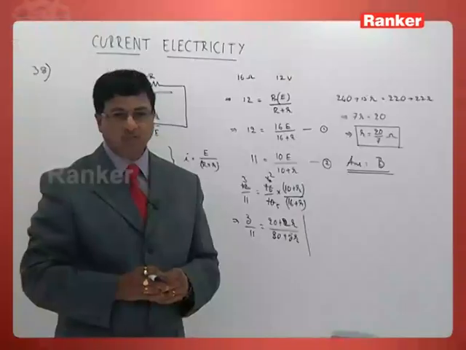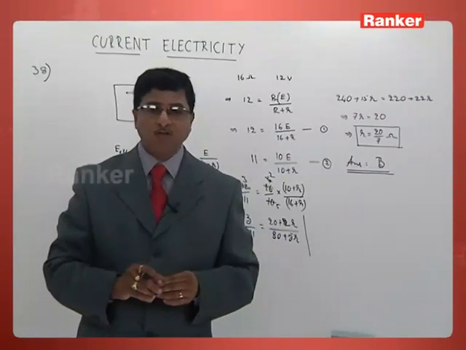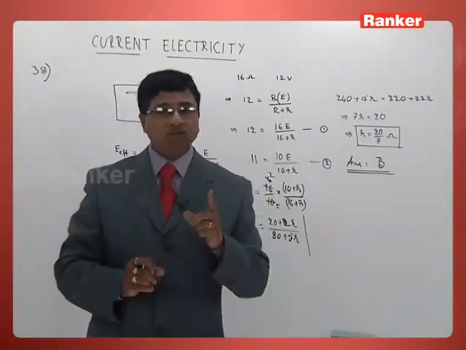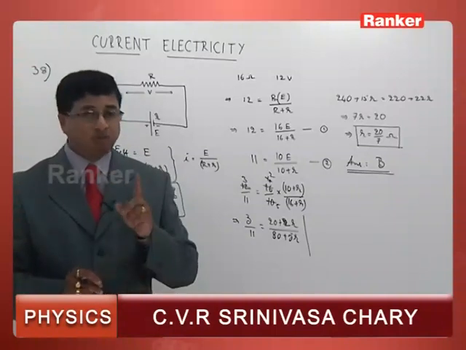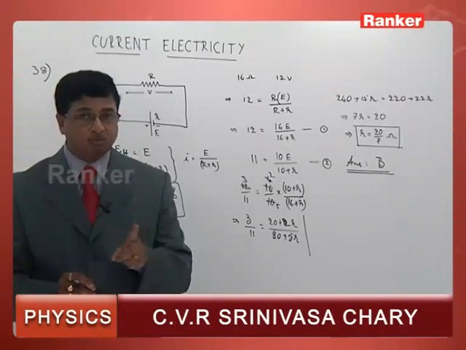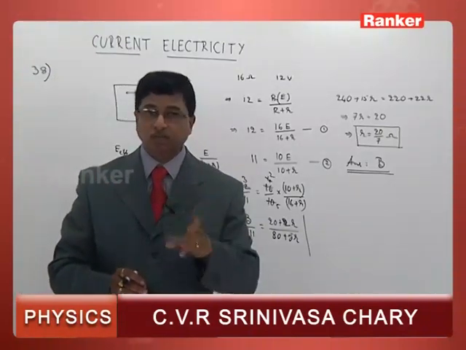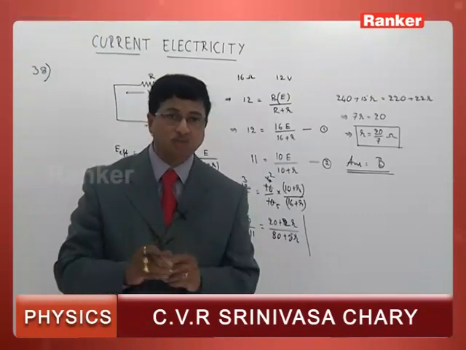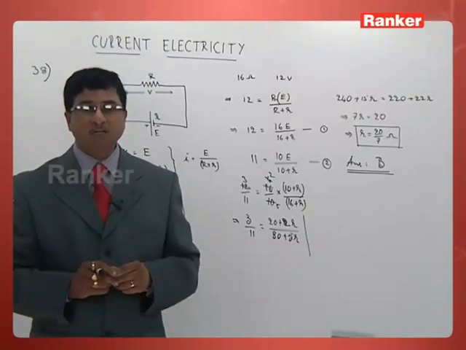So this is problem number 38, and the correct option for that one is 20 by 7. So remember in this problem, whatever voltage he is mentioning in each case, that voltage is supposed to be the terminal potential difference across the terminals of that resistance, external resistance in particular. That is the concept you need to understand. So this is problem number 38.